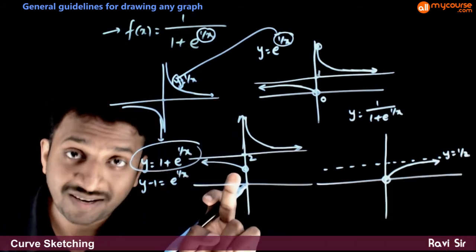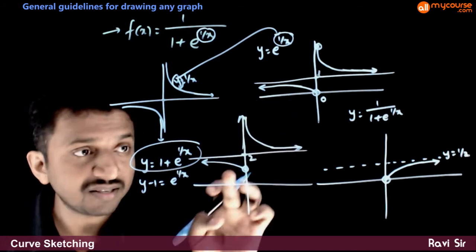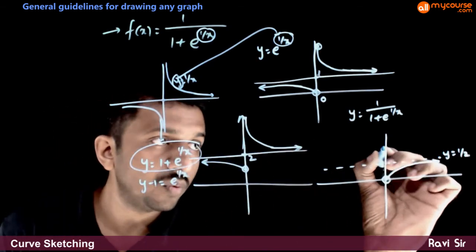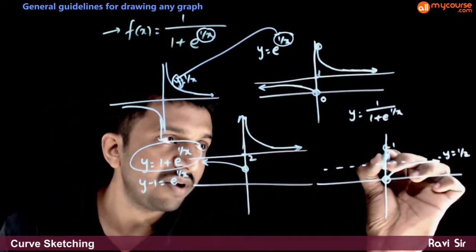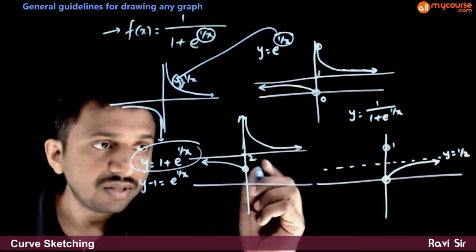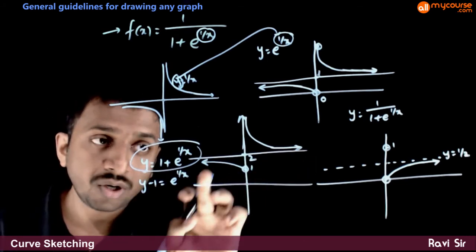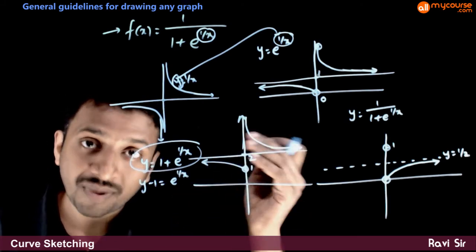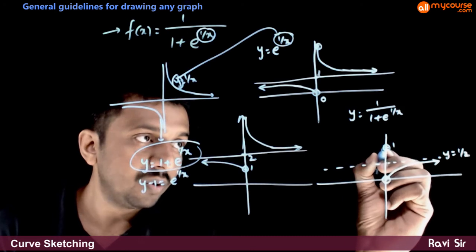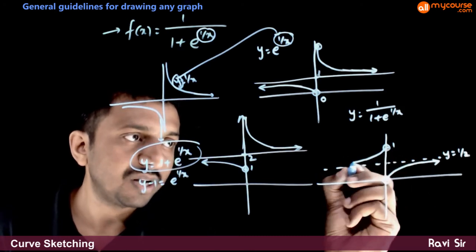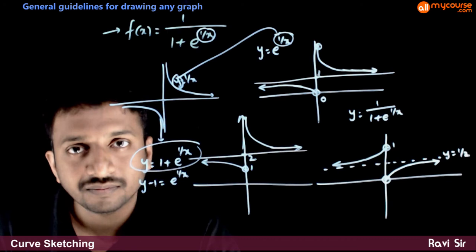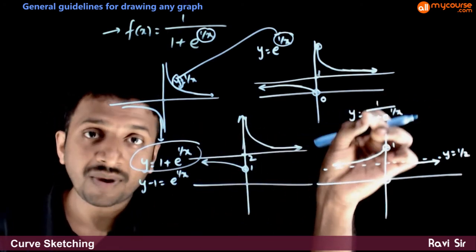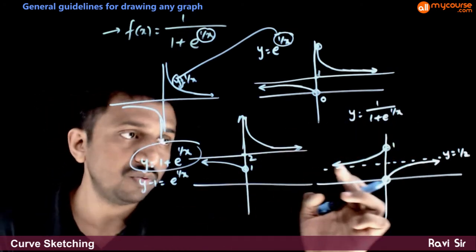Next, as x tends to 0 minus, this is 1. So 1 by 1 is again equal to 1. So you have a hollow dot here. Here it is 2, and 1 by 2 is 1 by 2, so it goes to 1 by 2 asymptotically, because 1 plus e power 1 by x goes to 2.